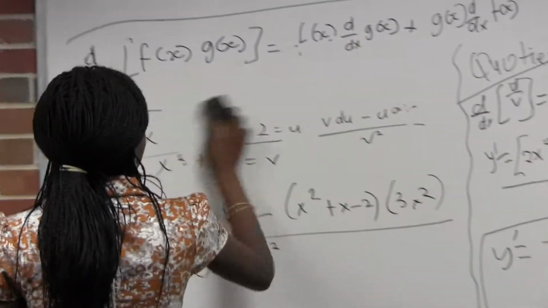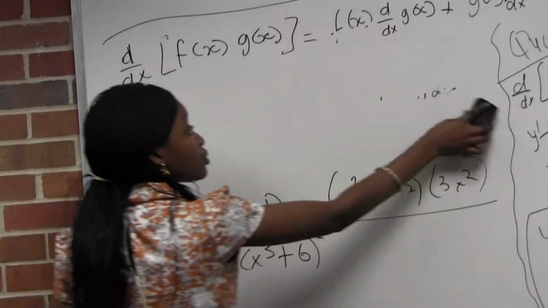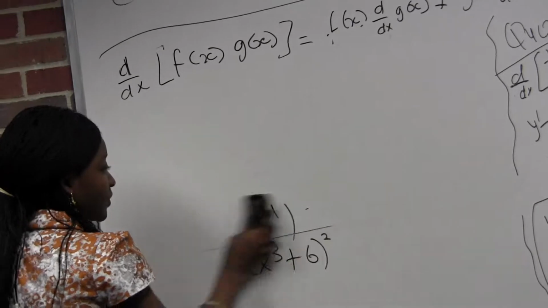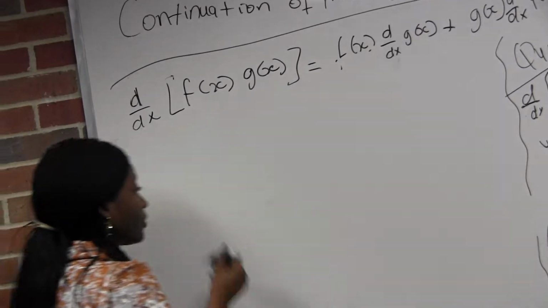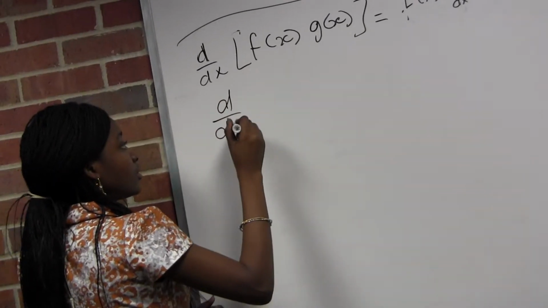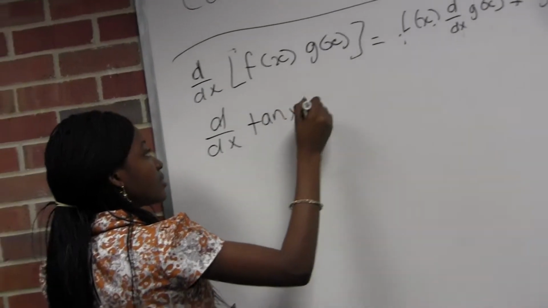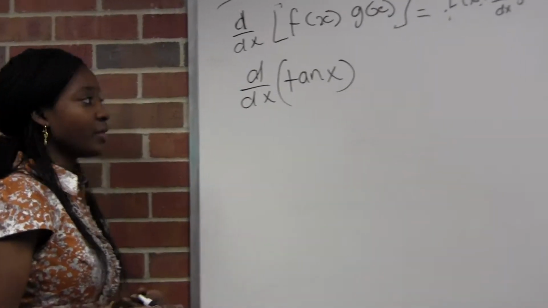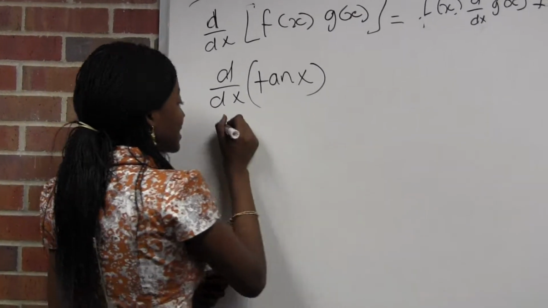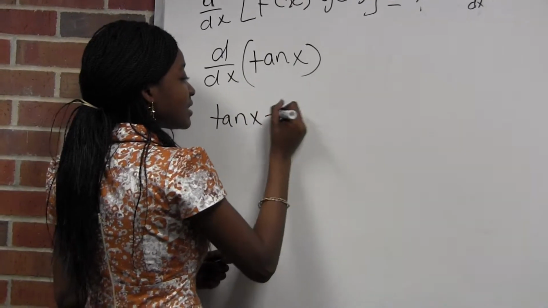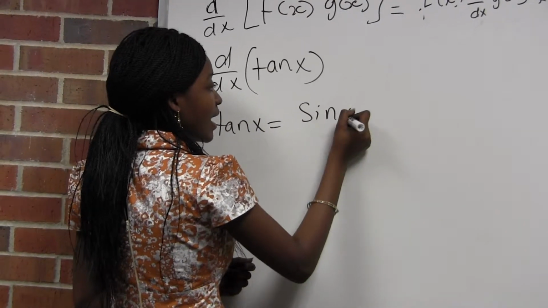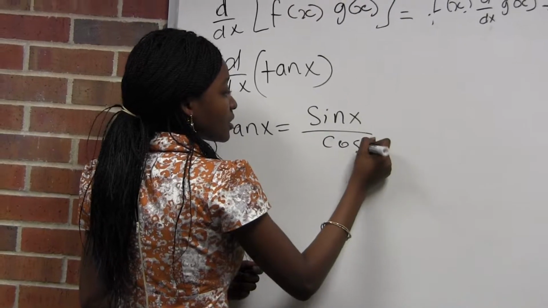Now I have a trigonometric function that I'd like us to solve, and that's the derivative of the tangent function, tan x. Right? Now recollect that tangent is the same thing as what? Sine x over what? Cosine x.